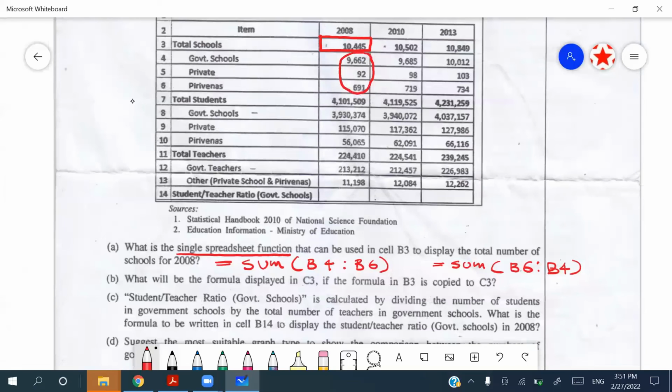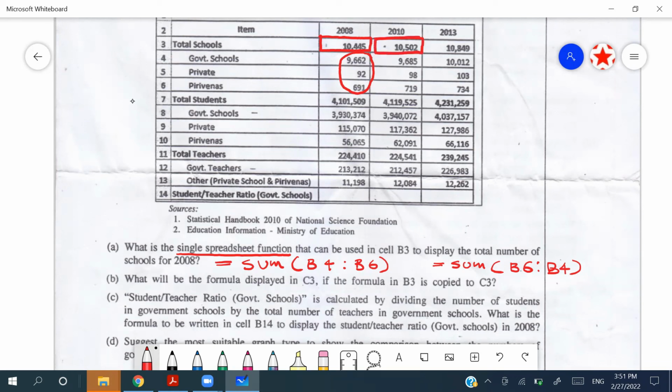So the answer for the first one is equal sum B4 colon B6. The second one is asking what will be the formula displayed in C3 if the formula in B3 is copied to C3.